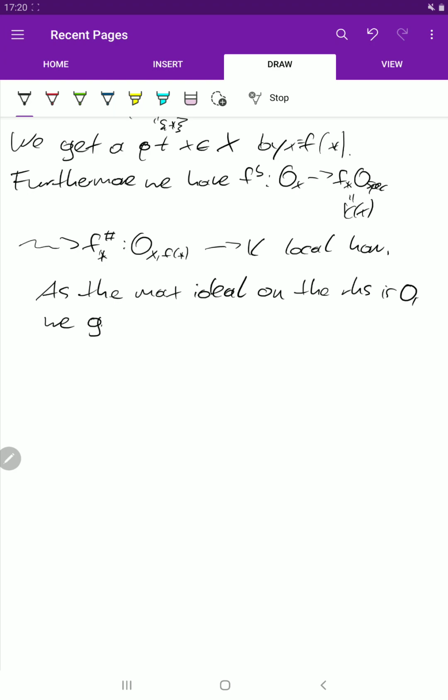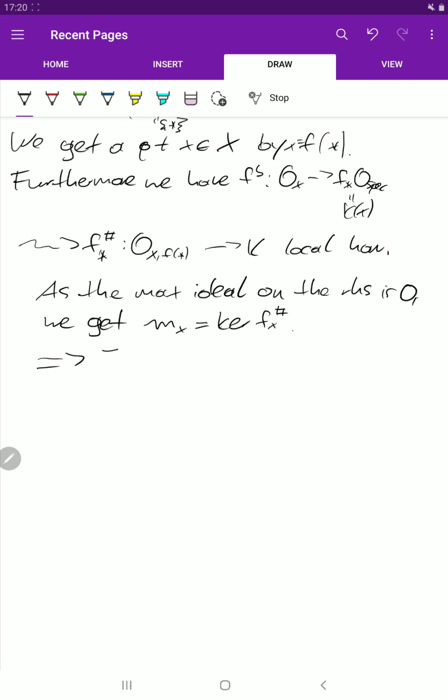And now, because this is a local homomorphism, the maximal ideal on the left hand side has to be the pre-image of the maximal ideal on the right hand side, so the pre-image of 0, and the pre-image of 0 is just the kernel.